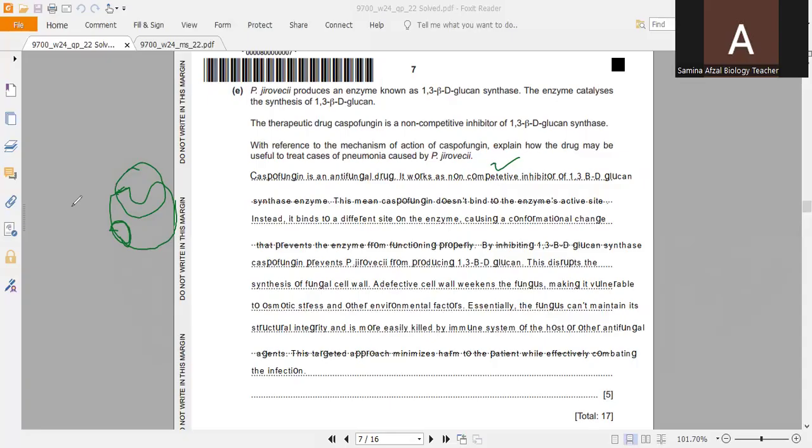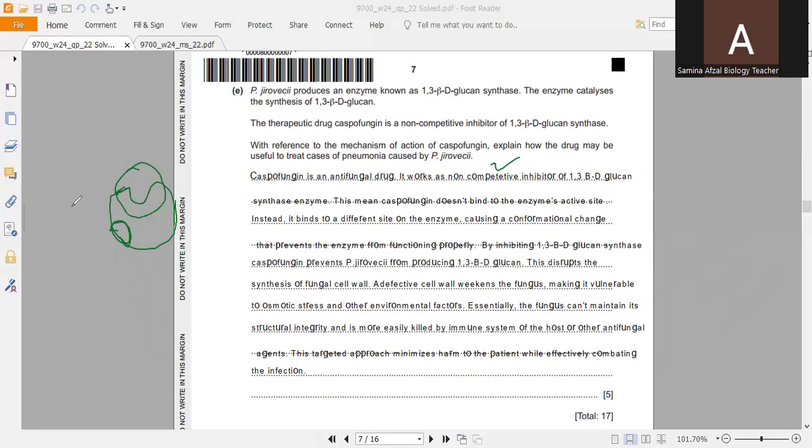This means caspofungin does not bind to the enzyme's active site. Instead, it binds to a different site on the enzyme, causing a conformational change that prevents the enzyme from functioning properly. So, by inhibiting 1,3-beta-D-glucan synthase, caspofungin prevents P0VC from producing 1,3-beta-D-glucan.